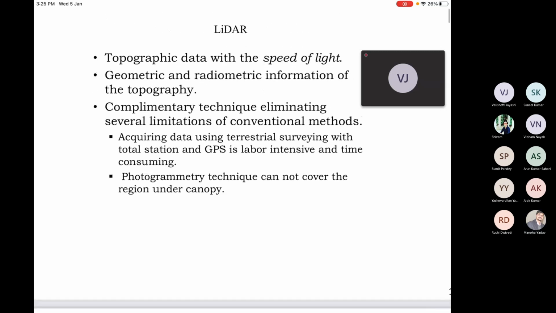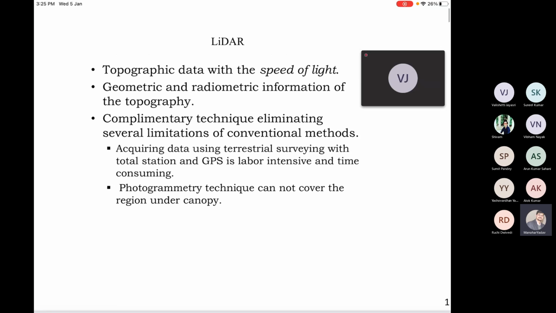And we have other remote sensing techniques as well, like photogrammetry. In photogrammetry, you get a photograph, and that photograph has a radiometric representation of the object. And obviously in the photograph, you will get the XY coordinates of pixels. But if we consider a tree, and you click the image of the tree from the top, can you get information about objects or other details underneath the tree? No, sir.